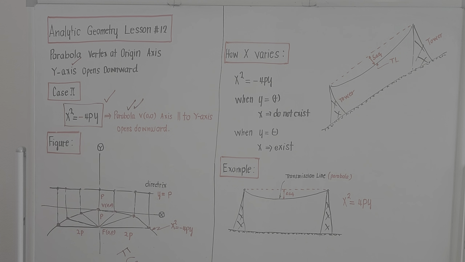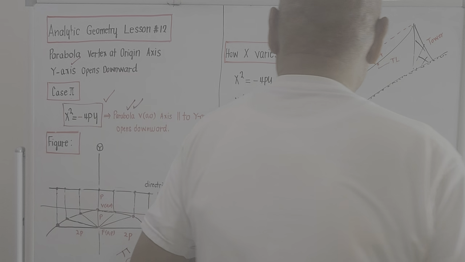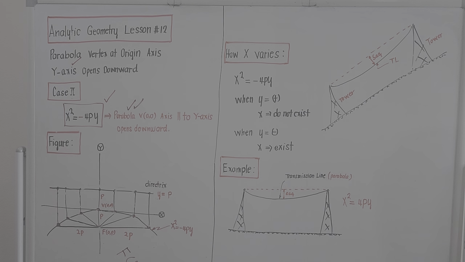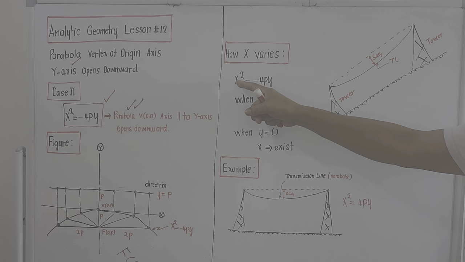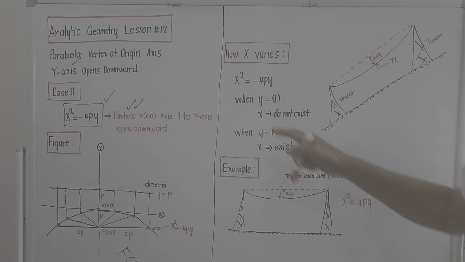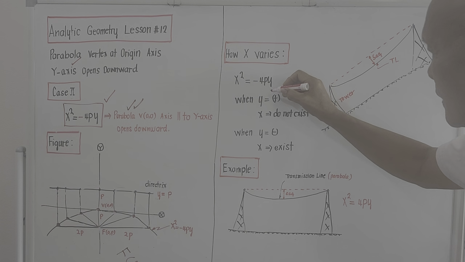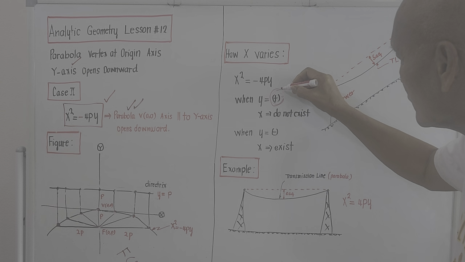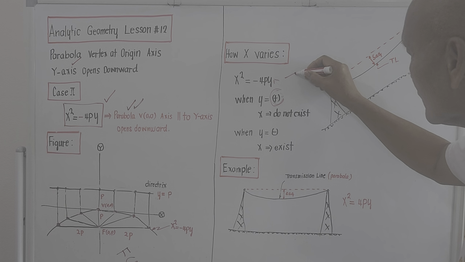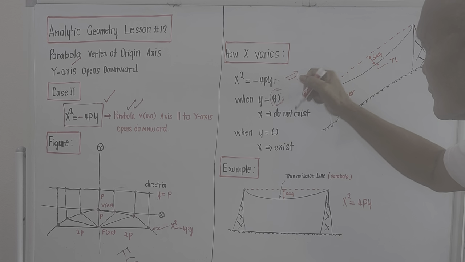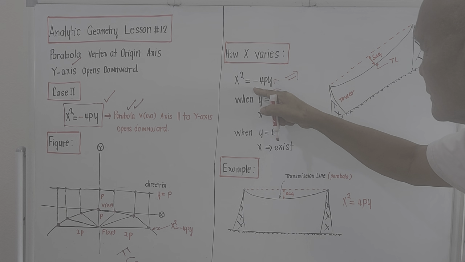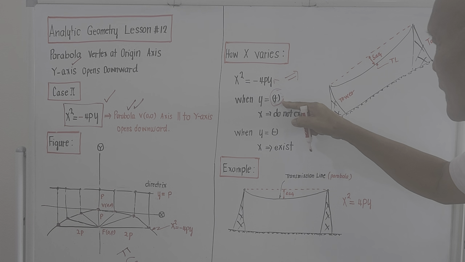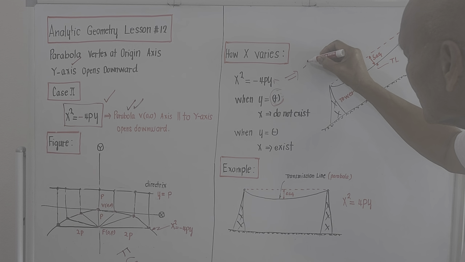Here it's easy to visualize. Okay, I remove my glasses. We'll bring out the equation: x squared is equal to minus 4py. If we place the value of y to be a positive value in this equation, since this is with the negative sign, for whatever value of y that is plus, this will be minus.